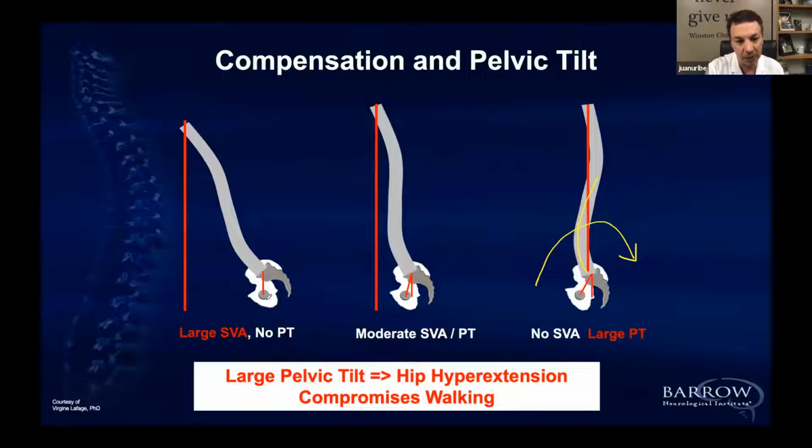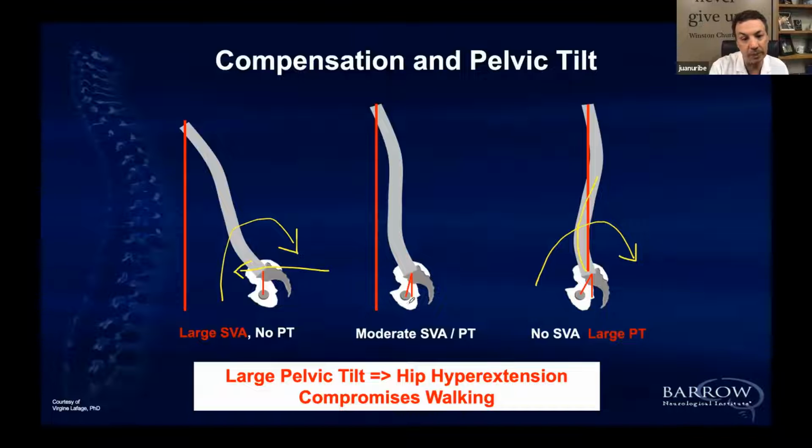But if you don't have a good compensatory mechanism like in here, and you keep your pelvis in anteroversion, take a look what happened. The plumb line goes anterior, and then you have a lot of symptomatology.